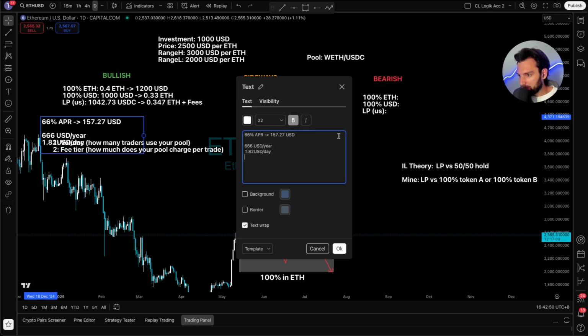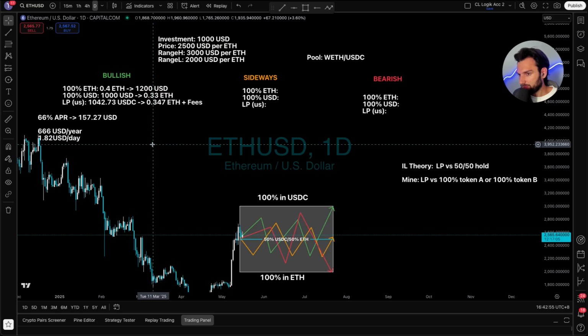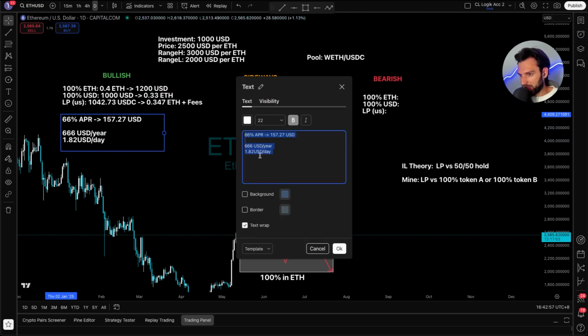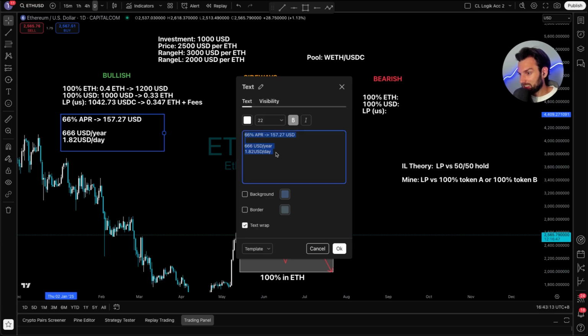And so how many days do we need to be in range to make 157.27? So $157.27 divided by 1.82 for every day, we get 86 days, right?